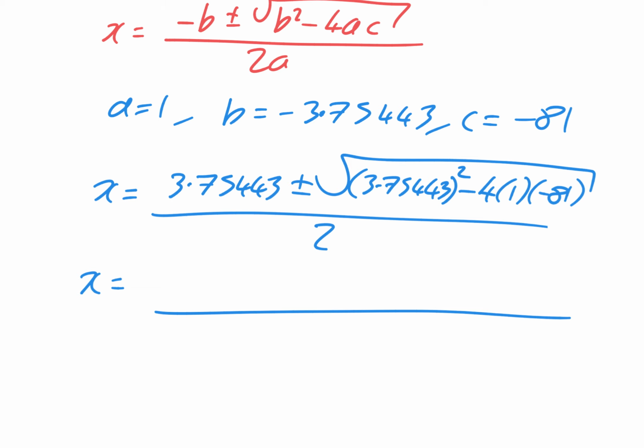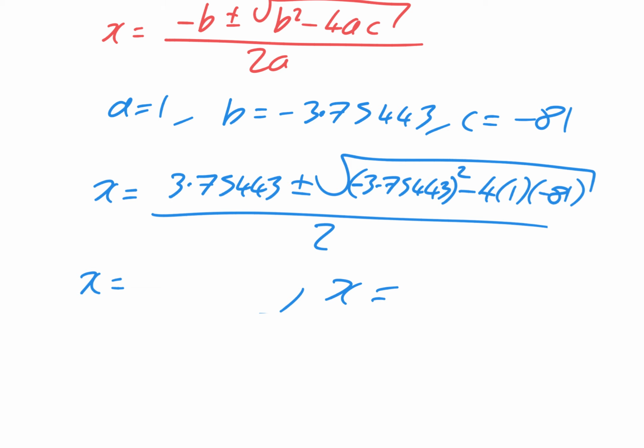Okay, so do this just on your calculator. I don't need that to write this down. We're just going to get our 2 x values. We're going to do the minus one first. So use your fraction button and the square root, and you'll have 3.75443, and we'll do the minus one, minus square root of, then 3.75443 squared, and then minus 4 times 1, times our minus 81.